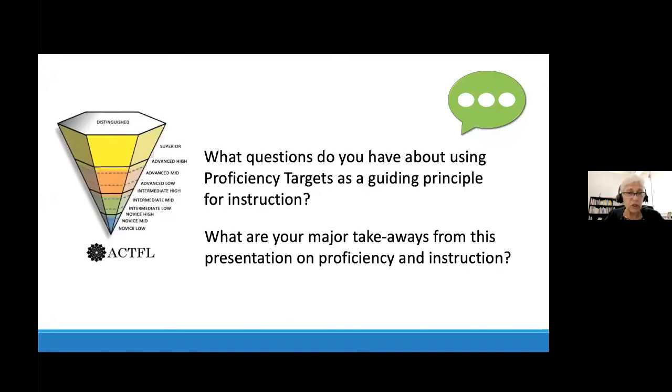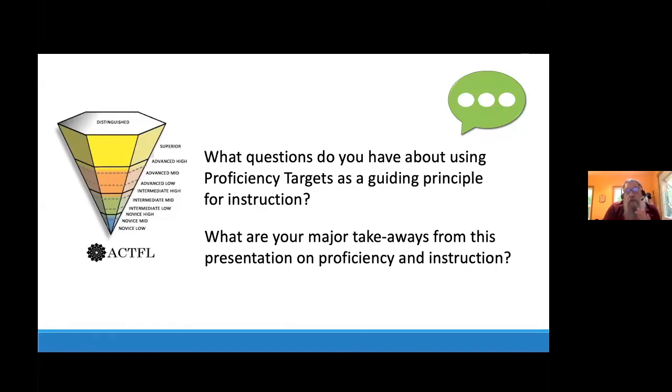Any other burning questions? Maybe one last question to wrap it up. Is there a difference between the actual guidelines and the New York State standards? The actual guidelines are the same, and we index our proficiency levels to those actual guidelines. There is a difference between the World Readiness Standards and the New York State Learning Standards, and those differences are outlined in a previous webinar.